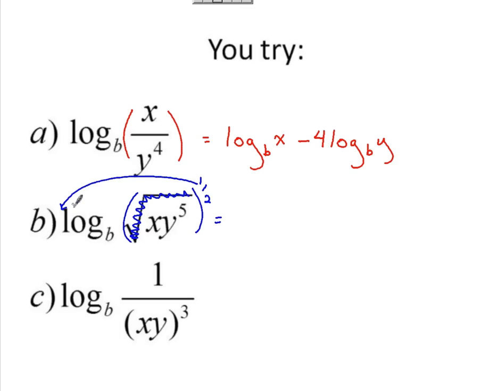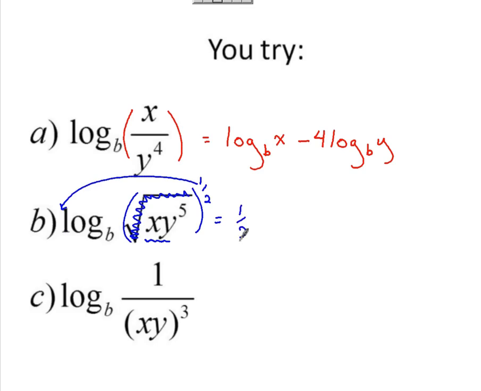Now, when you bring that down to the front, looking at what would remain that you're taking the logarithm of, you've got a product there that you'd have to split up. So this 1/2 that's in the front would have to be attached to each logarithm as you split it up.